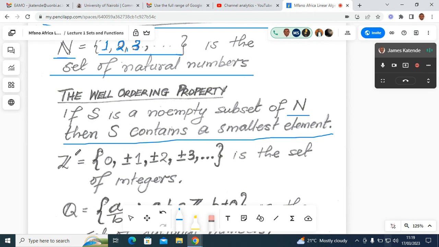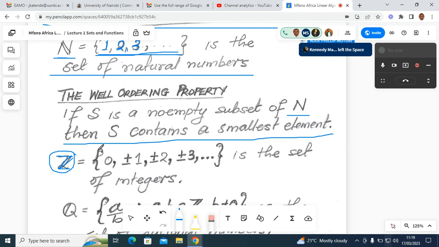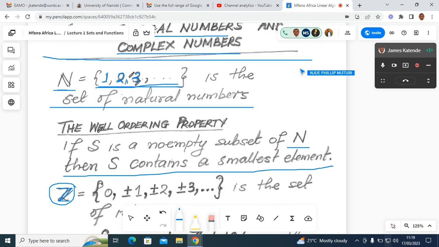The next set of numbers we shall look at is the integers. This adds a few more numbers to the natural numbers. You realize that from the set of natural numbers you cannot do subtraction. There are no negative numbers here.